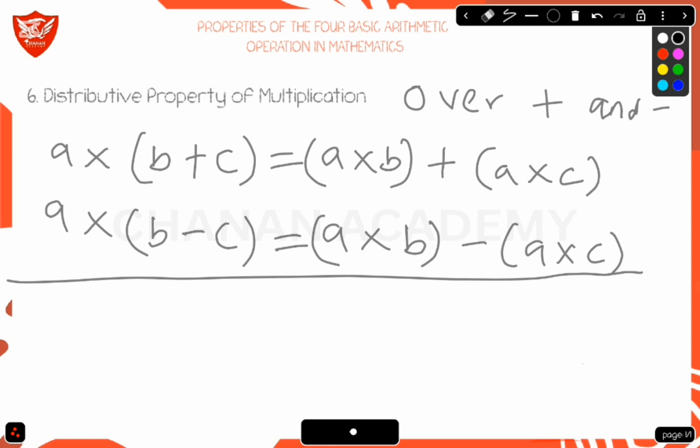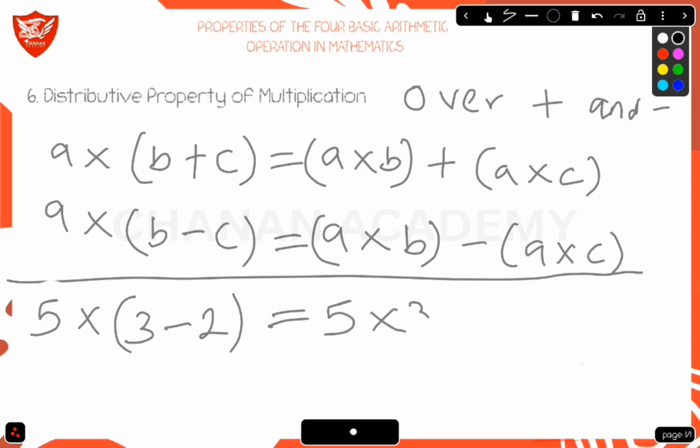Alright, so let's also use the same example. 5 multiplied by 3 minus 2 equal to 5 multiplied by 3 minus 5 multiplied by 2.